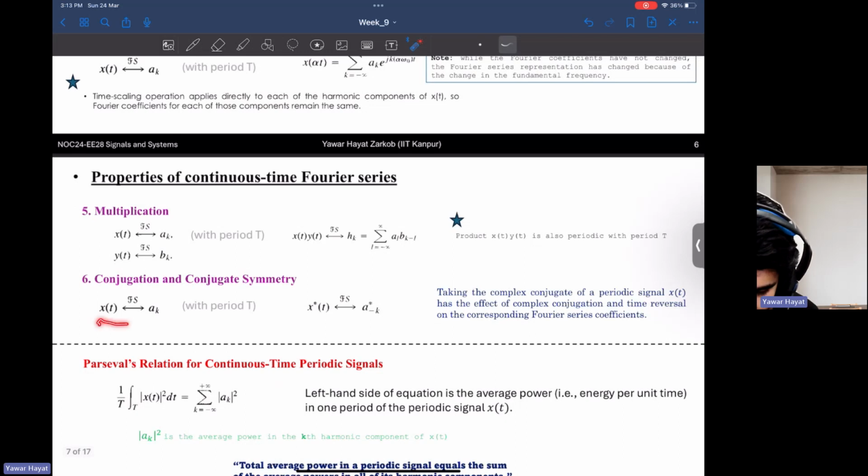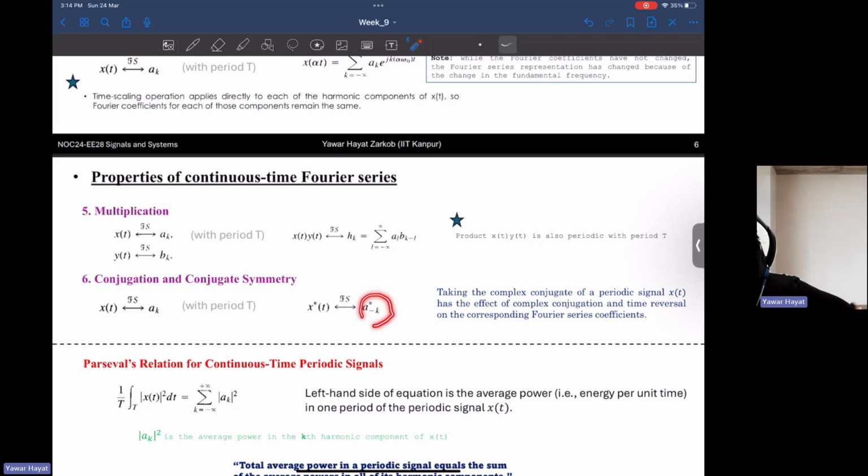Then we have conjugation and conjugate symmetry. If we have a signal x of t with a time period t having a Fourier series coefficient ak, then if the conjugated signal is taken, x star of t, what happens to the Fourier series coefficients?